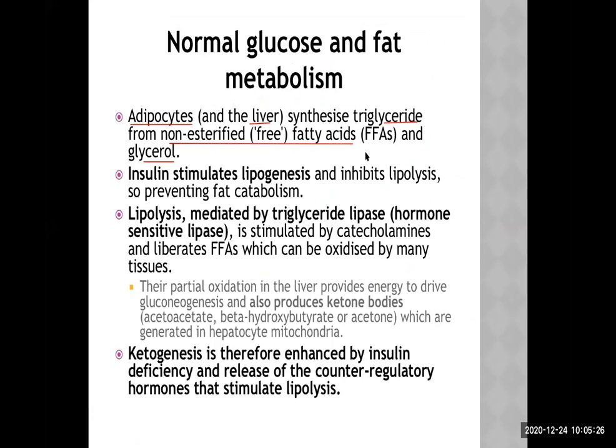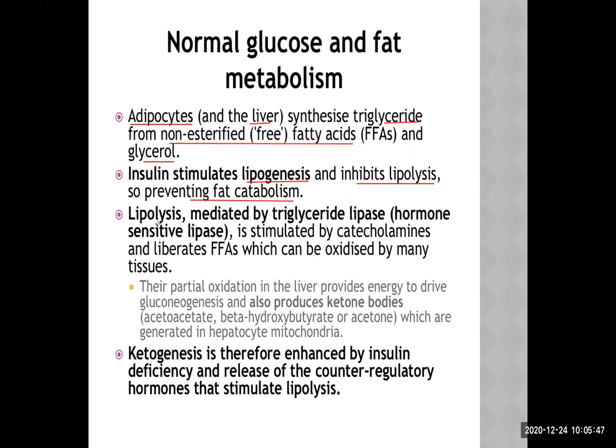Insulin is stimulating fatty acid or triglyceride synthesis. Insulin stimulates lipogenesis and inhibits lipolysis. So it prevents fat catabolism. Many times we have repeated this, so I'm sure students are quite confident now.